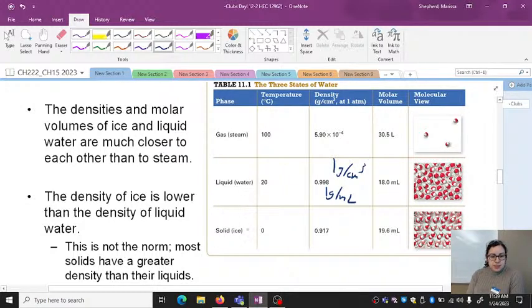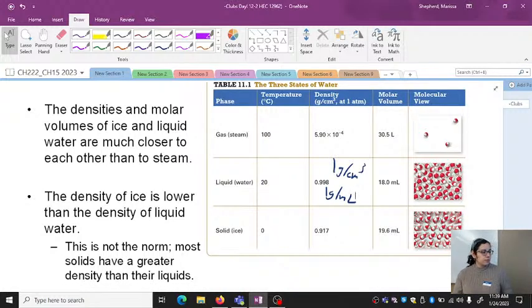Then ice is a little different. What do you know about ice as compared to other solid state structures? What's the funny thing about ice? Exactly, ice is less dense, so that's not what we expect.